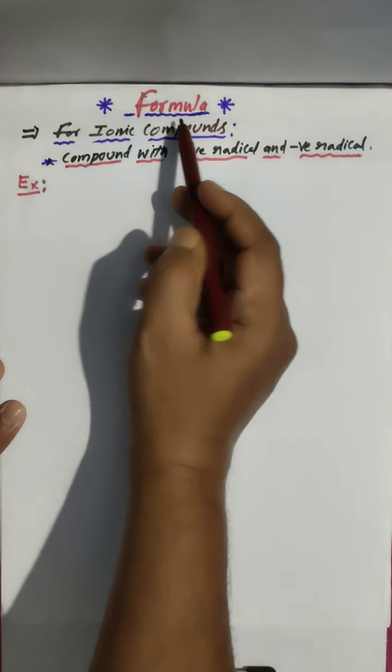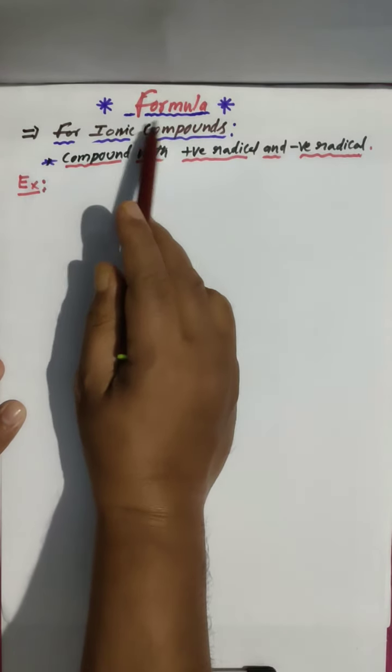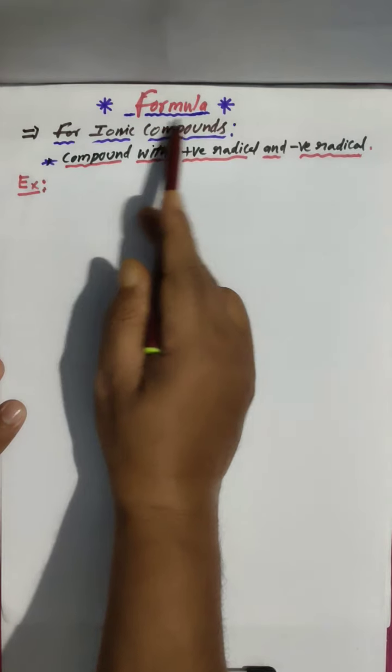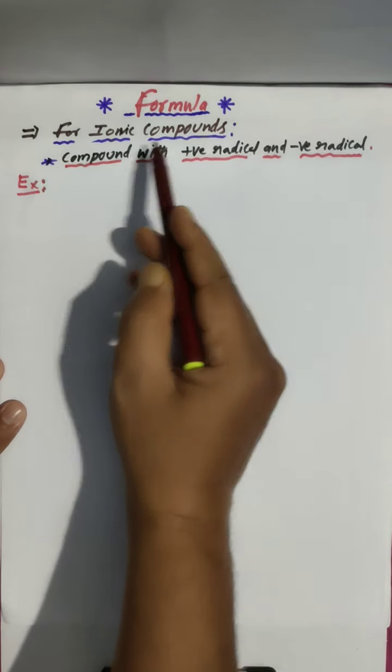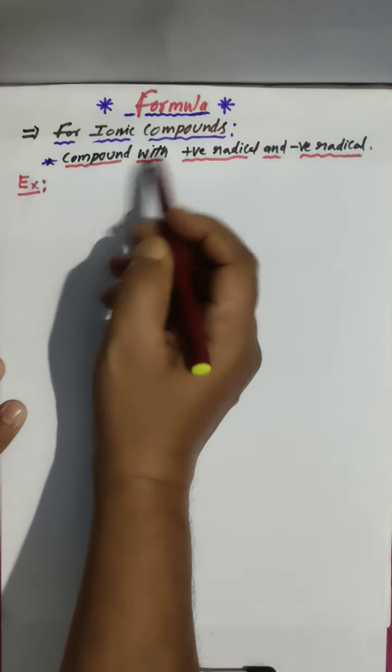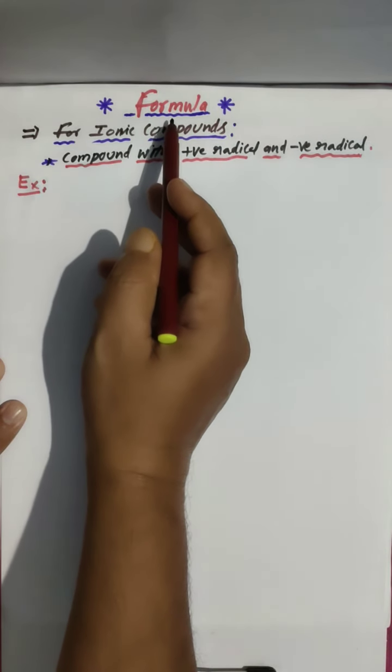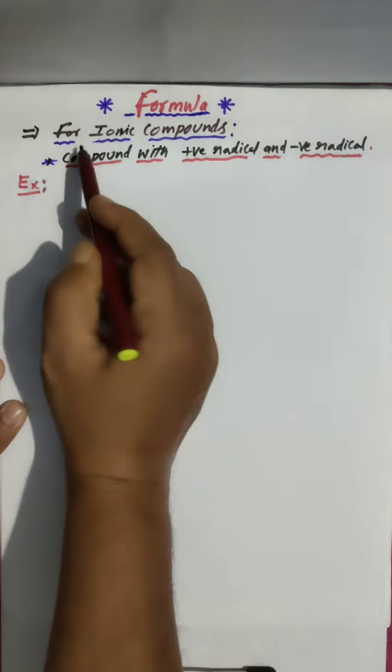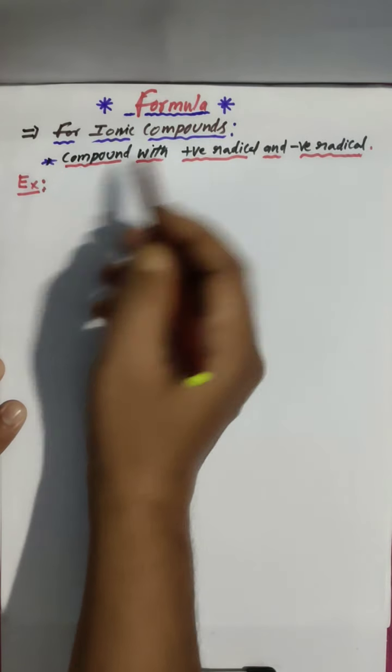So to avoid that, today I am explaining how to write formula, and this is only for ionic compounds. Today we are discussing the method of writing formulas for ionic compounds.